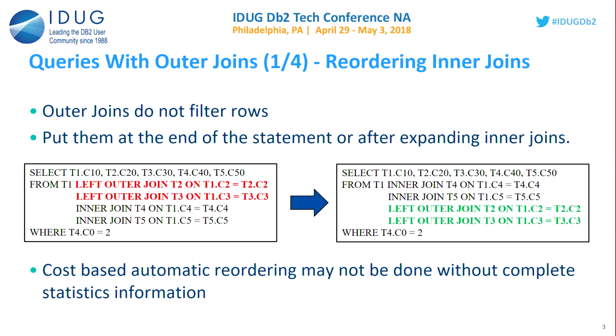So here we have 2 left outer joins. So T1 left outer join T2, and then left outer join T3, and then some inner joins. And you can see here, it's a typical query. There is a filtering predicate on one of the inner joins, which is on T4.